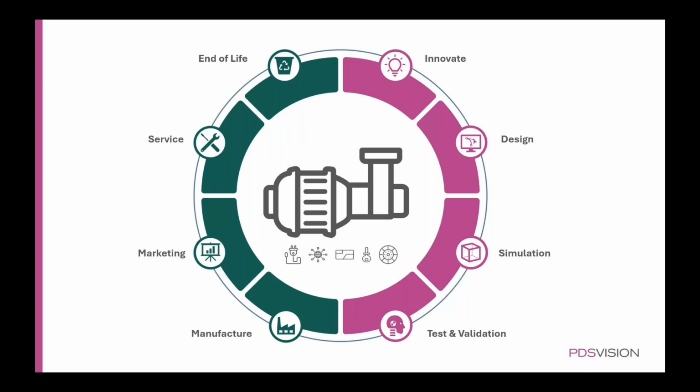It can encompass things like simulation and testing and validation, to ensure that we can refine and perfect that product at every step. Once we've done that and we've optimized our product to the best of our ability, we then might want to transition into production planning and manufacturing, where we can turn that vision of our product into reality.